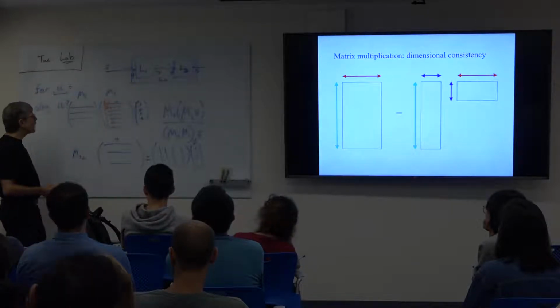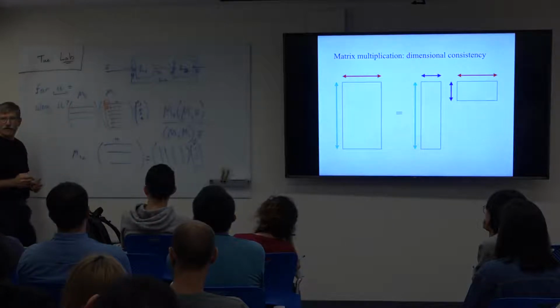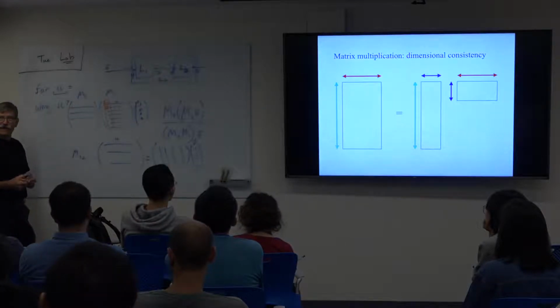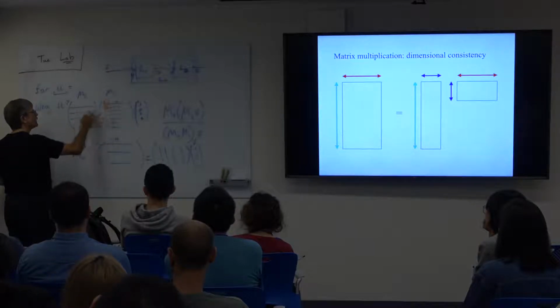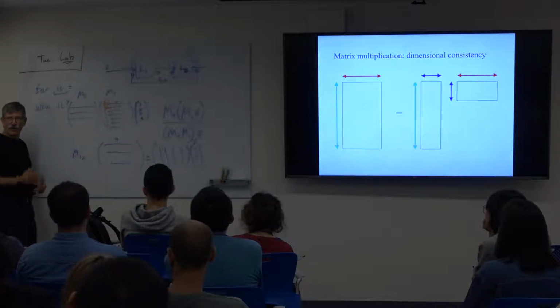Now this orange guy is going to get multiplied by M2. So that's matrix times a vector. Dot product, dot product, dot product, dot product. We already know to do that.